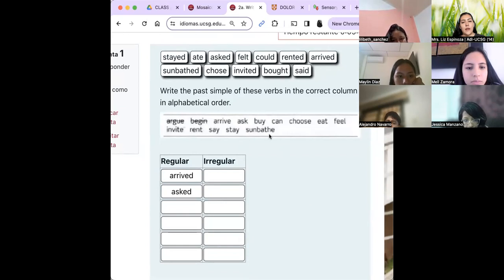Then we have buy. Irregular. I'm going to put it here because of the alphabetical order. Then can. Could.